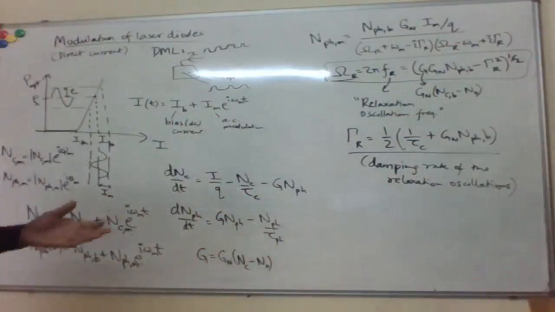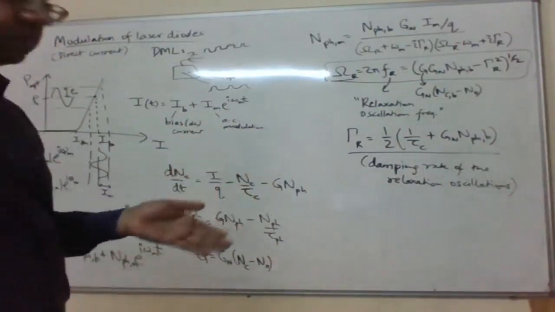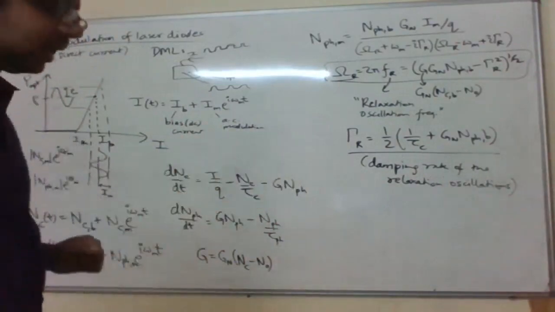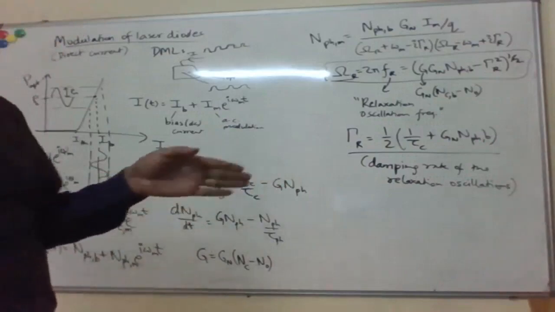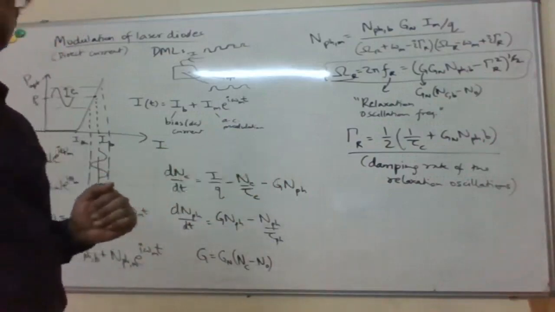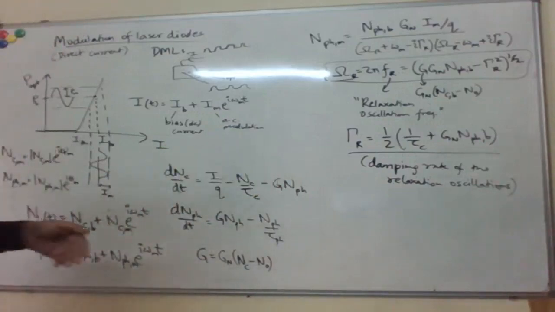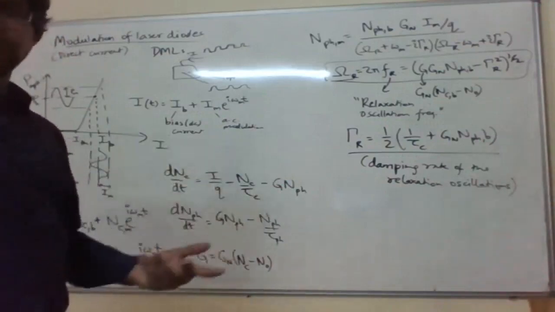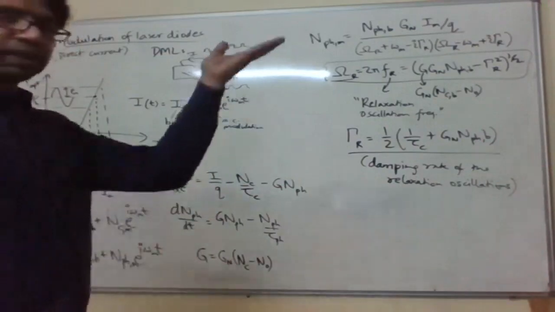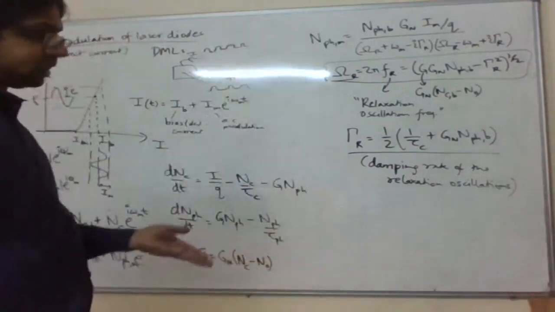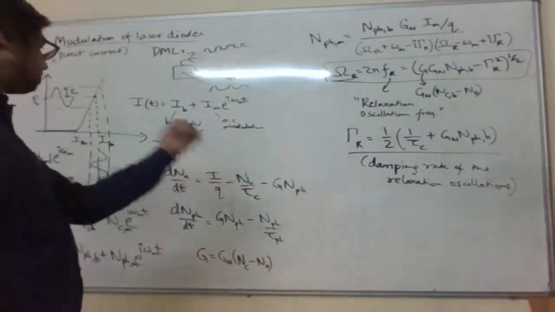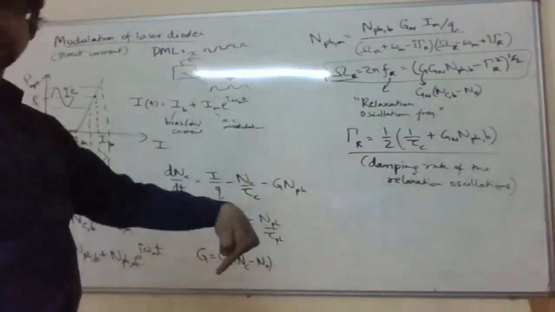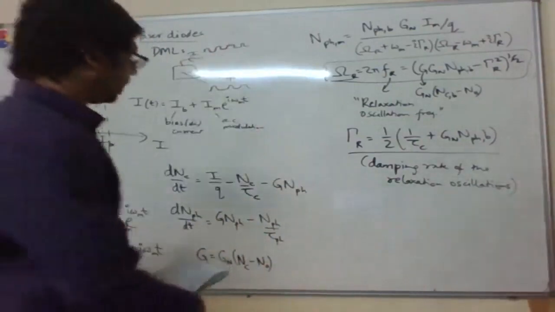So the photon number increases, lagging behind the carrier by some small delay. Then as the photon number increases, it causes stimulated emission, which means it causes carriers to recombine. So this increase in the photon number feeds back and decreases the carrier concentration.